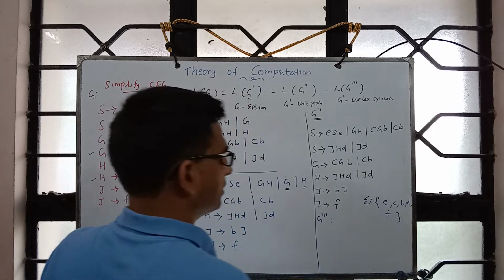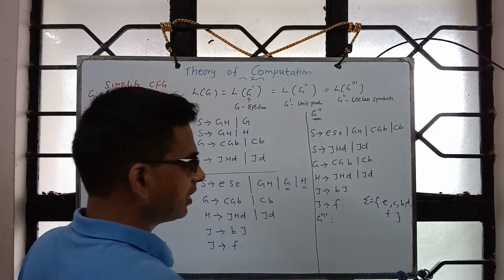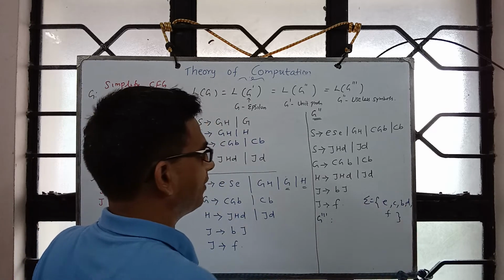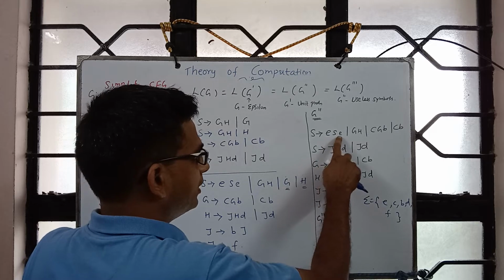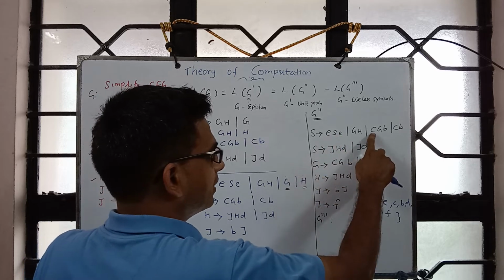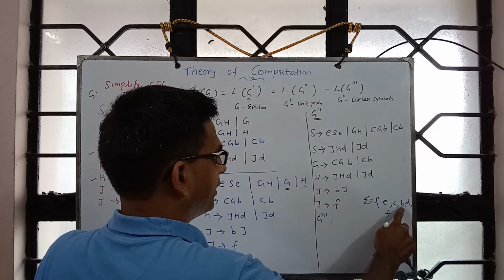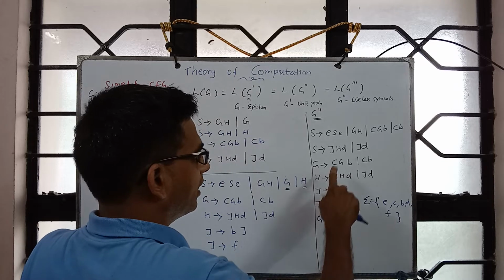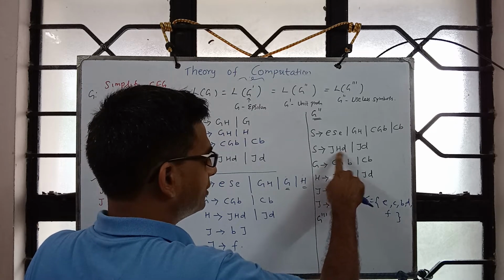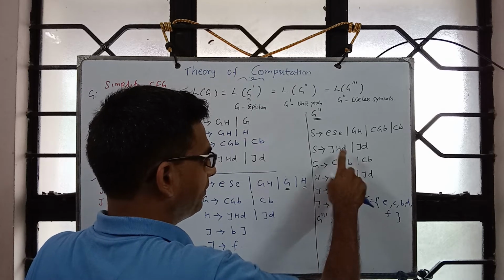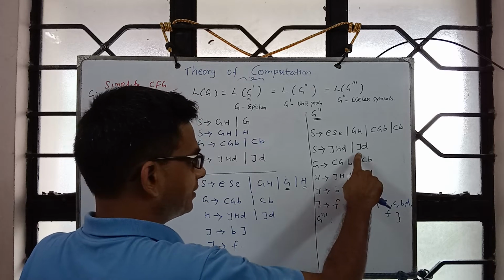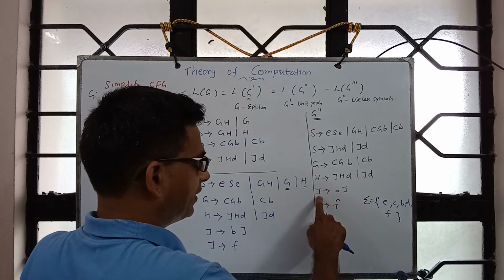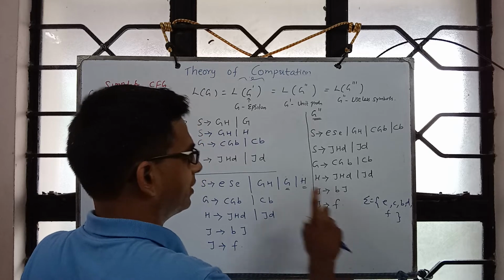So we will always generate some string over this alphabet. These two are terminals, C and B are terminals, and J, H, D, D is a terminal, J is a non-terminal. With J you can reach F.